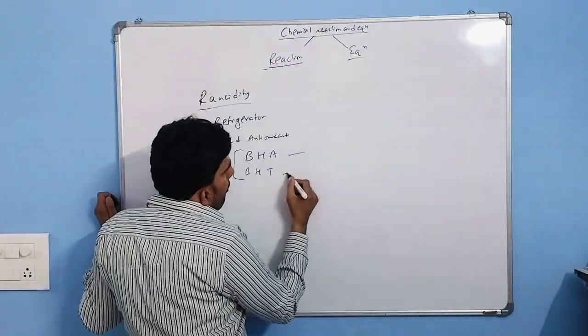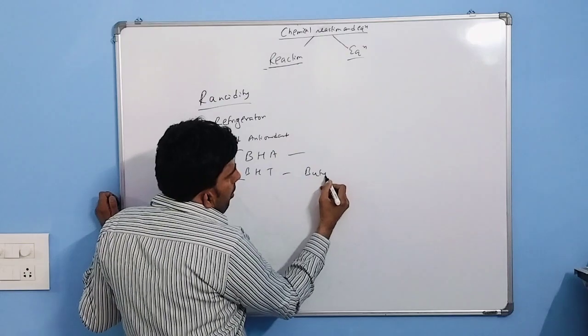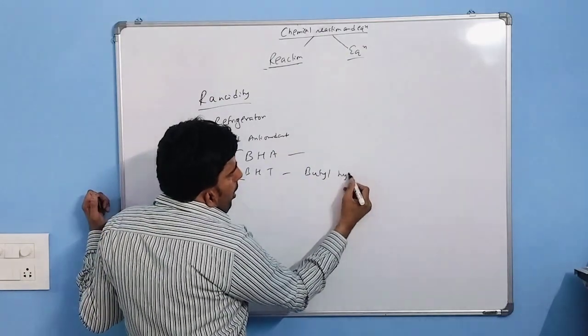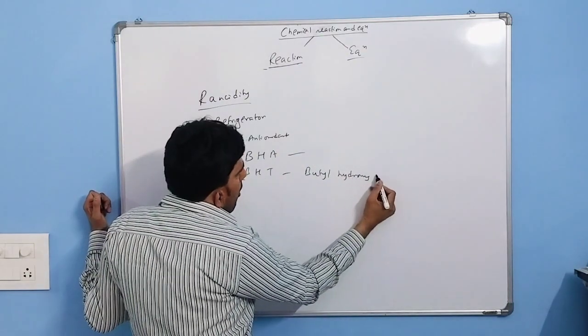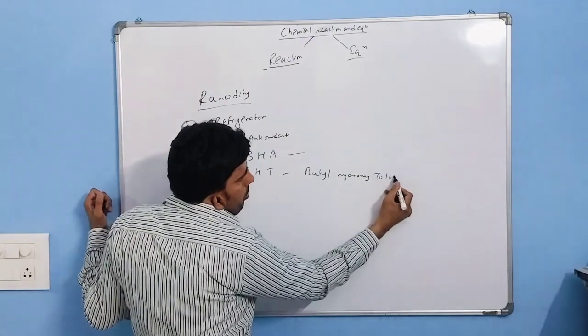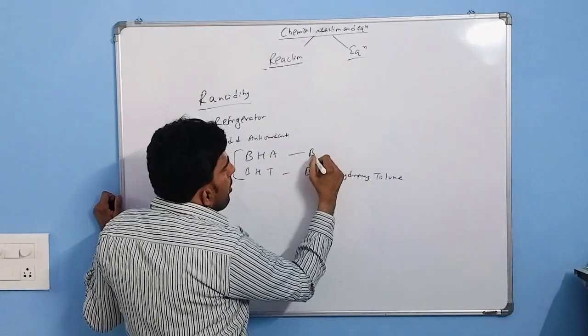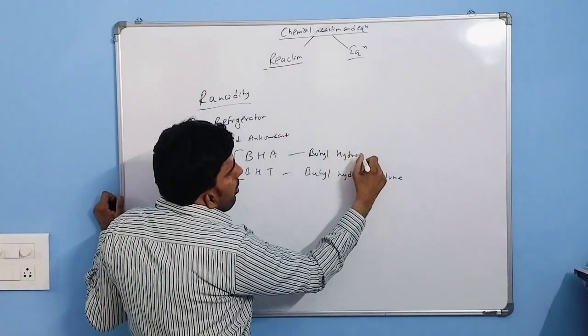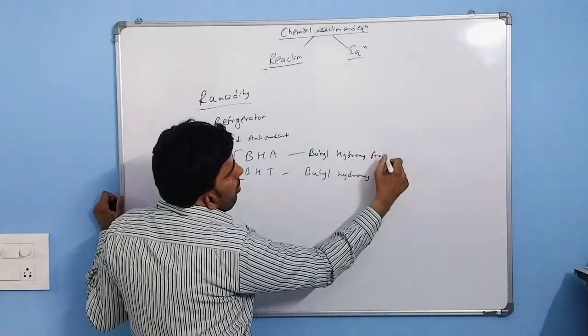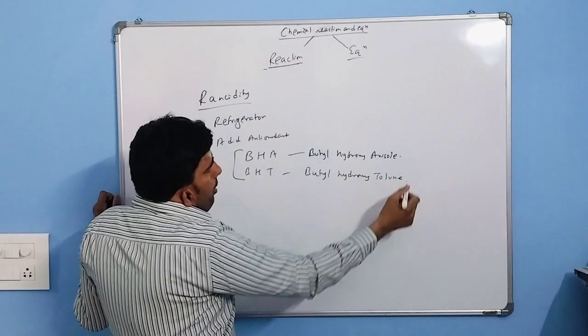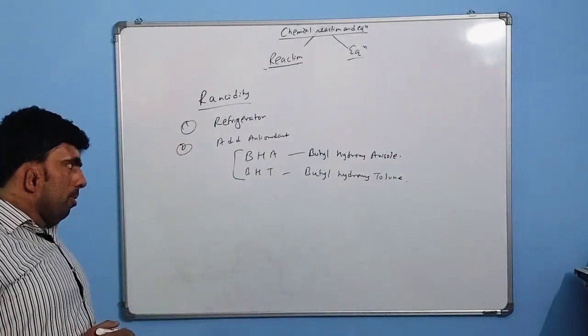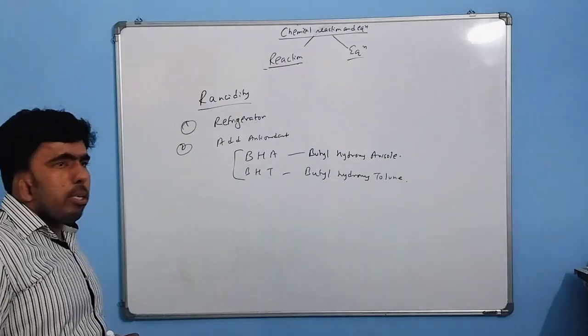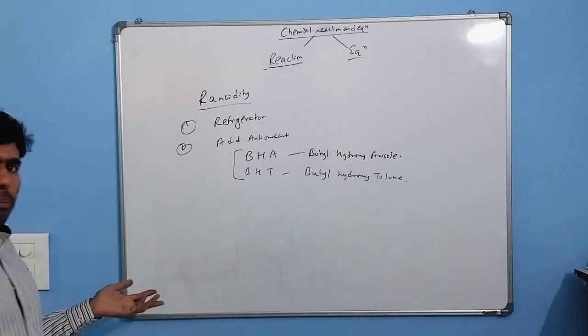The full forms are butylated hydroxytoluene and butylated hydroxyanisole. That is how we are able to protect ghee and oil related products.